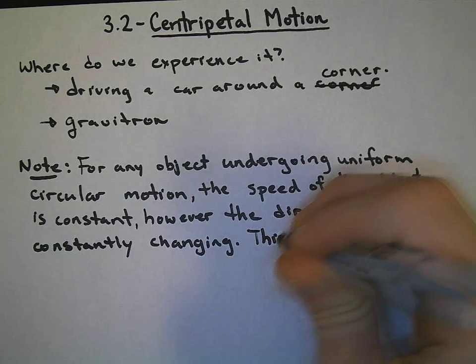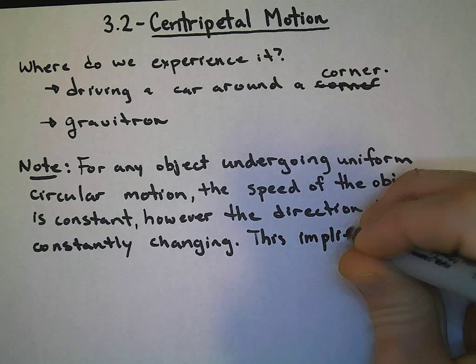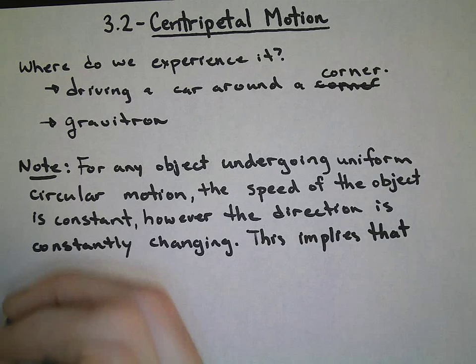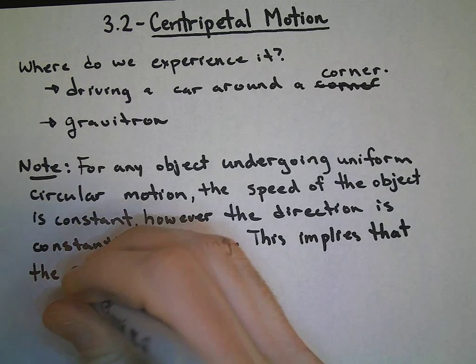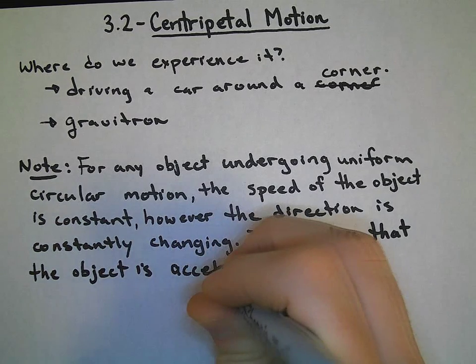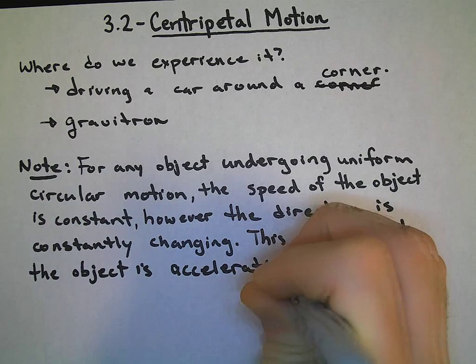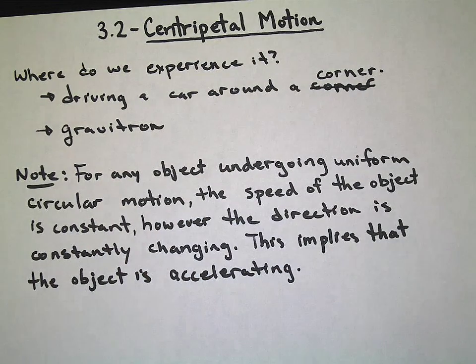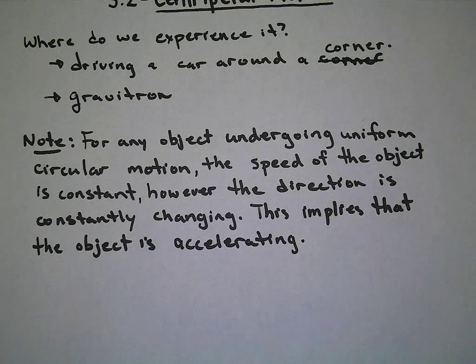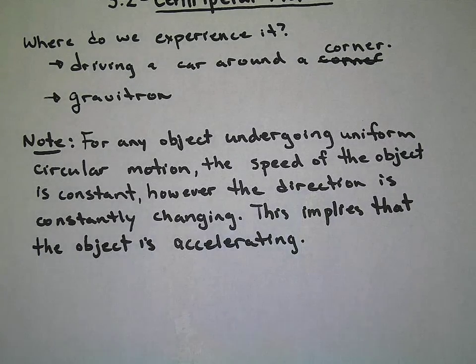This implies that the object is in fact accelerating. Why can we say that? Our speed is constant, but our direction is constantly changing. That means your velocity is changing because the direction is changing. Since our velocity is changing, our object is accelerating.